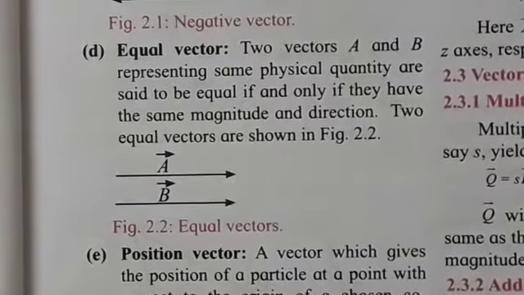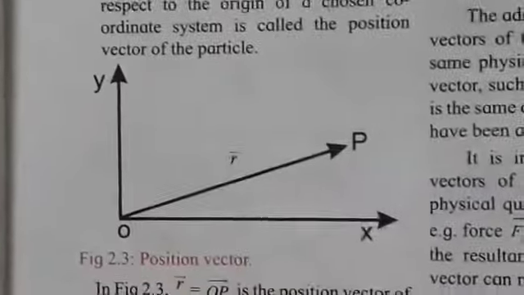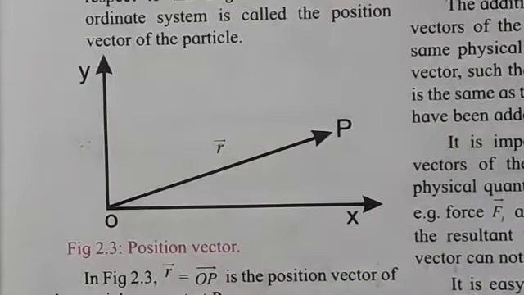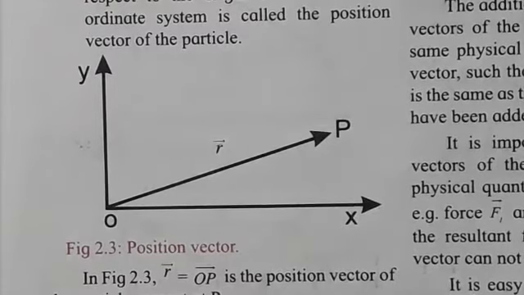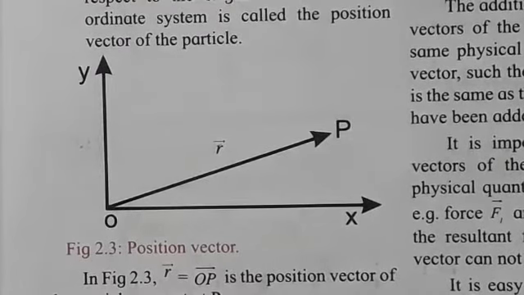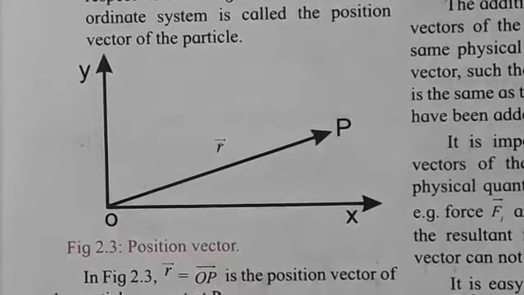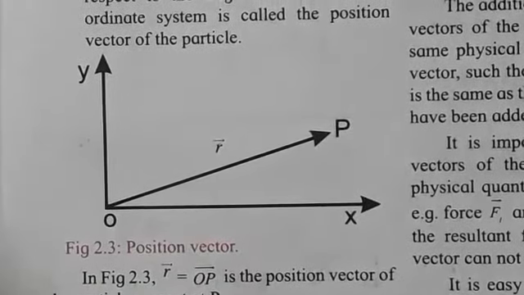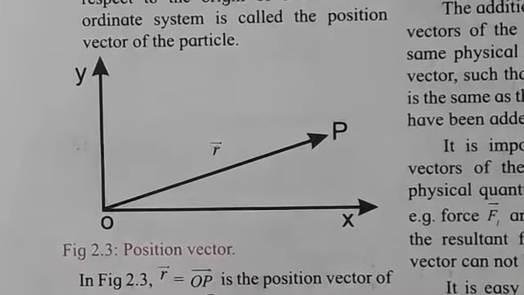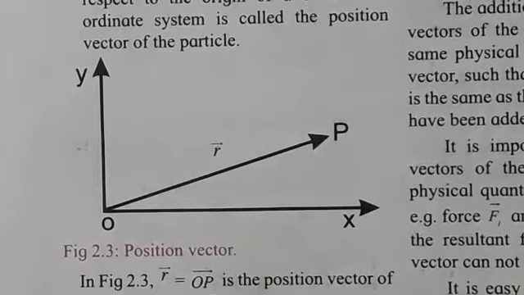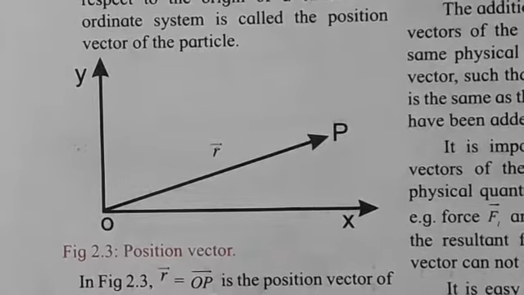Now the next term is the unit vector. What is meant by the unit vector? A vector having unit magnitude is called a unit vector. A vector having unit magnitude, along a given direction, is called the unit vector. That means if you take a bar, then a is equal to mod of a bar.